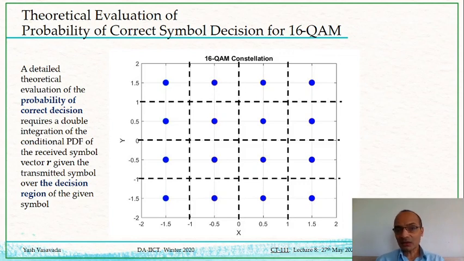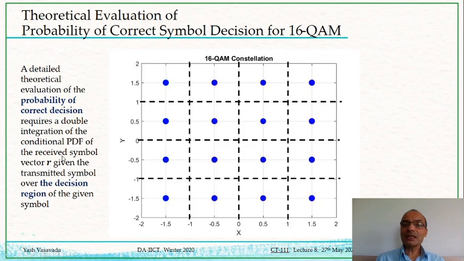The method of evaluating the probability remains still the same, but the evaluation will now have to be performed by integrating the PDF over two dimensions. For example, if you are interested in the probability of correct decision, then we will need to consider the vector R, specifically the conditional distribution of vector R given a particular transmitted symbol.